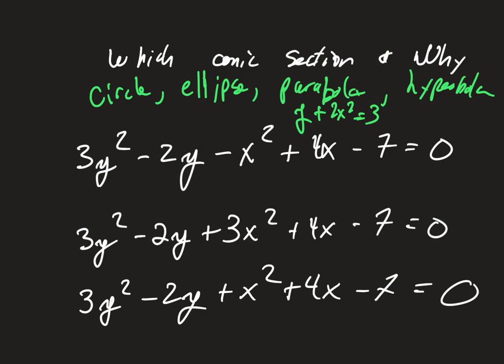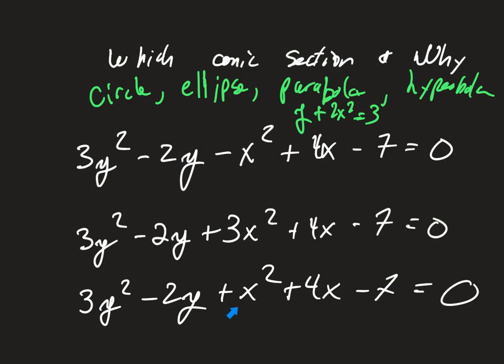All the x squared terms have a different coefficient, which means that's probably going to be my distinguishing characteristic. What you're looking at when doing any of these is if they're both squared, it's going to be either a circle, an ellipse, or a hyperbola. At that point, you want to look at the coefficients of the y and the x.